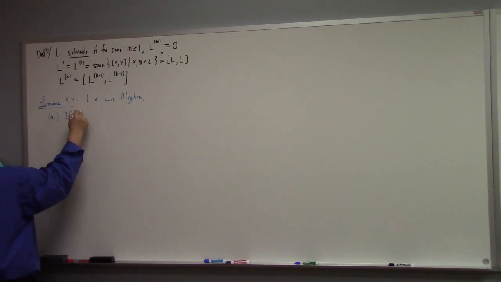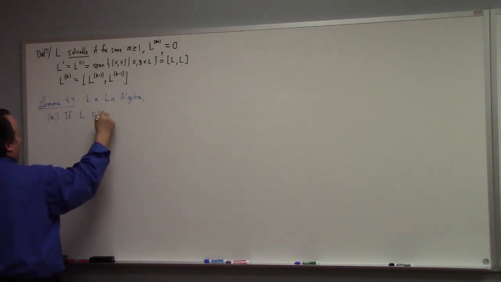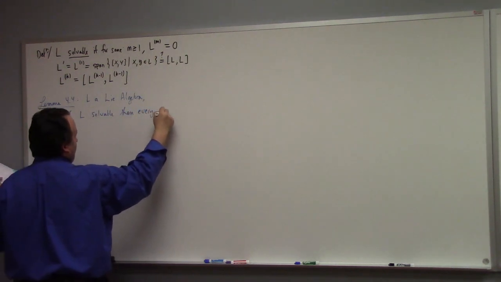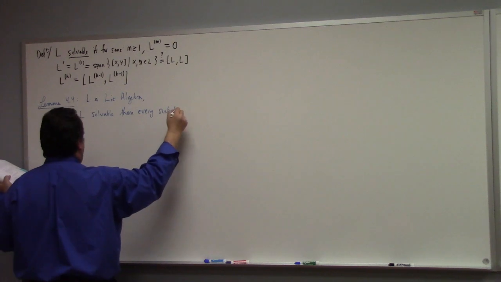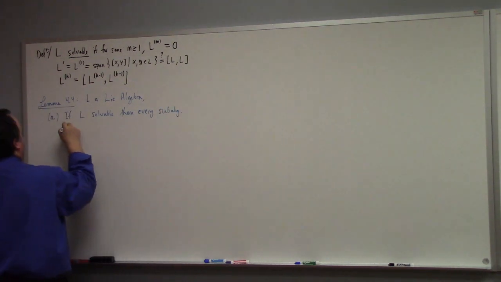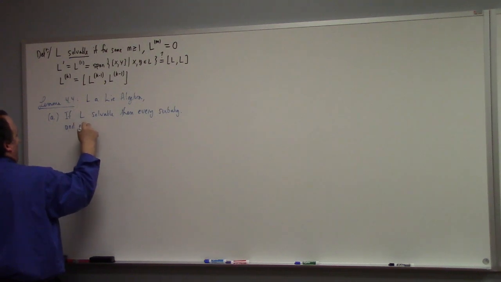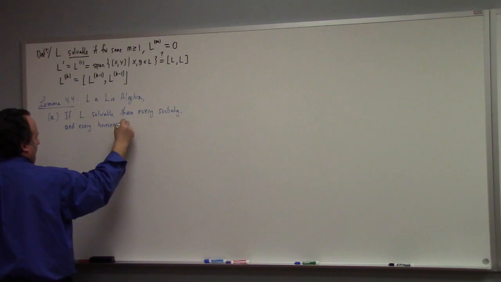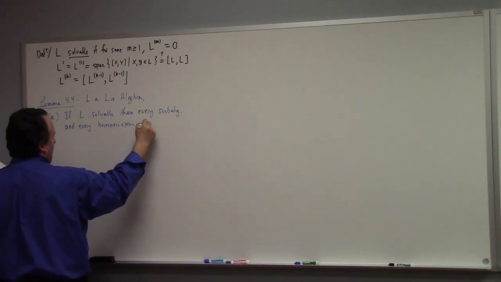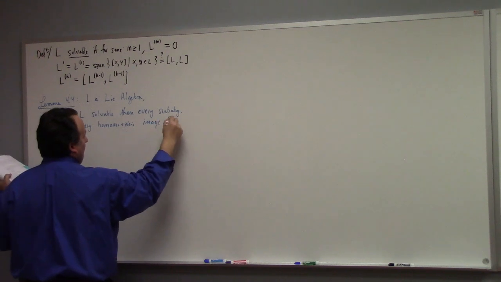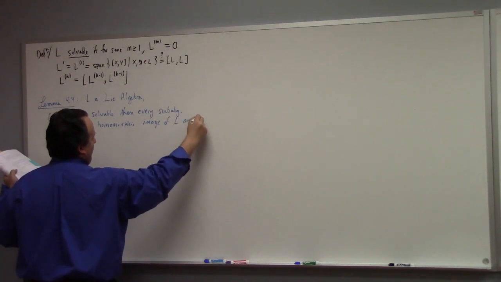(A) If L is solvable, then every subalgebra and every homomorphic image of L are solvable.